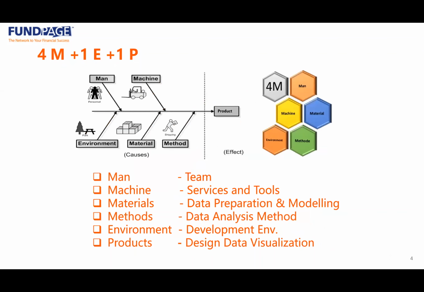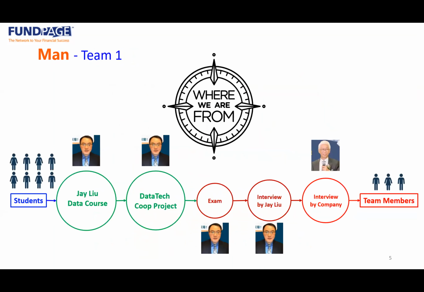I will introduce this project from 6 aspects: man, machine, materials, methods, environment, and products. First, I will introduce our Team 1. Team 1 comes from the JLU data course, and we took the co-op project after the data course.